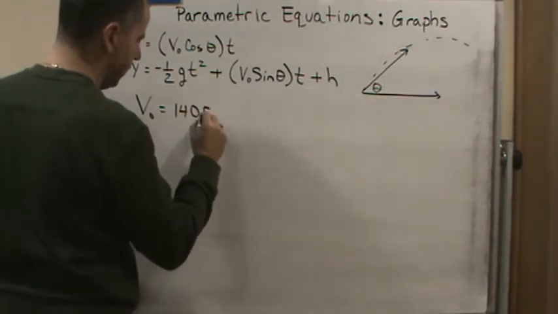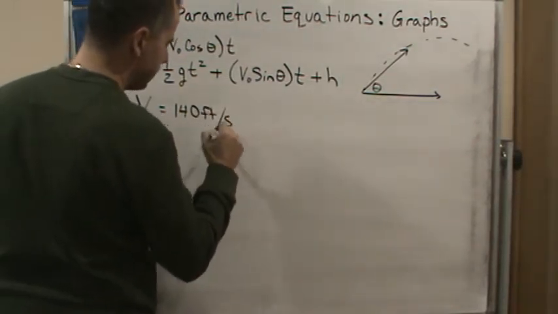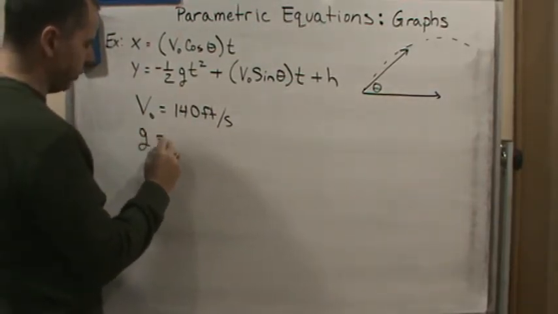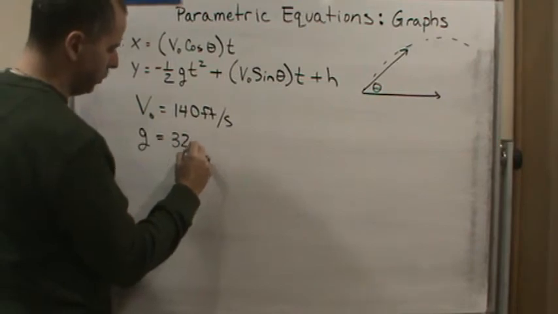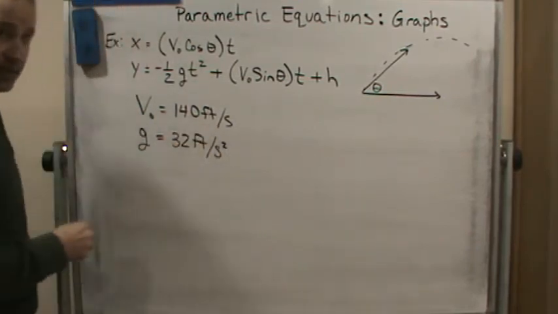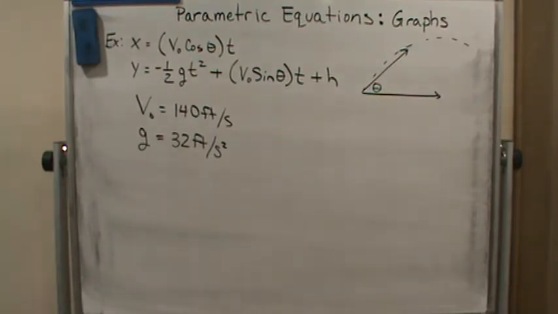140 feet per second. Now, since it's given in feet per second, the gravitational constant that we're going to use is 32 feet per second squared, because we need the units to match. So that's the acceleration due to gravity in feet per second squared.